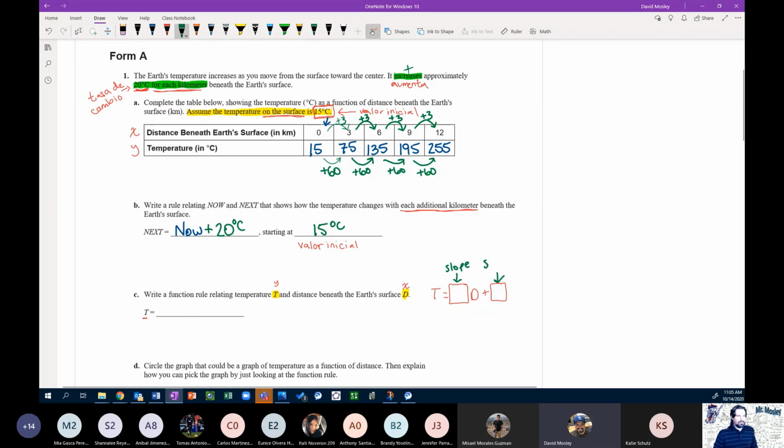And this is the start value. Okay, so Shanley has a start. We have T equals 15 times D. But is 15 the rate of change, or is 15 the start value?